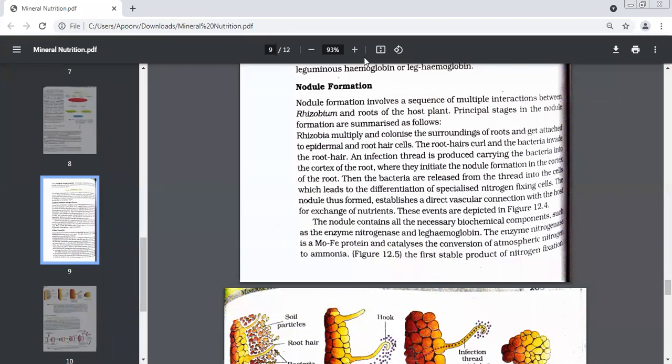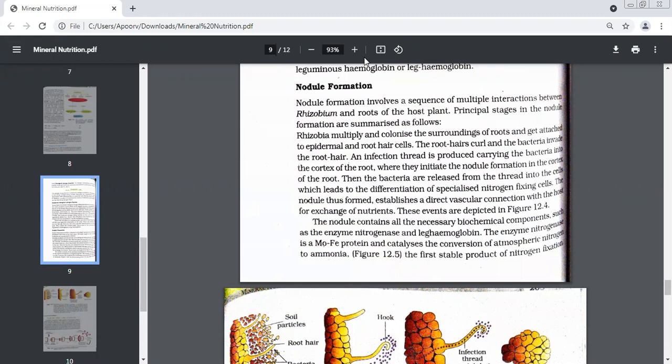Ma'am, first step, rhizobia multiply and colonize around the root, and many rhizobia are formed. What are they called in plural? Let me take up all the important ones. Rhizobia. So rhizobia multiply, many rhizobia surround and colonize.